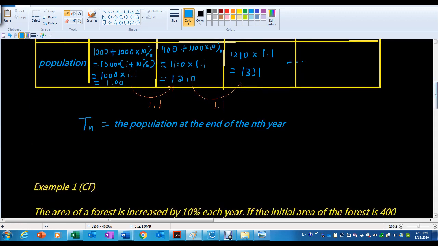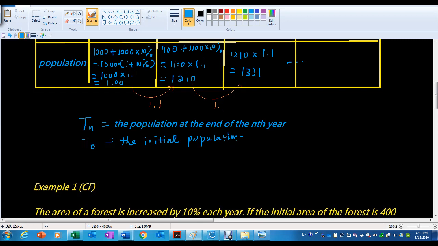So actually we're going to start with T0, which is what we call the starting, or the initial population.